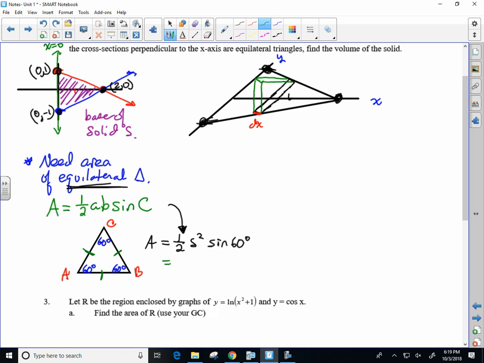So 1/2 times the length of a side squared times what is the sine of 60 degrees? Radical 3/2.